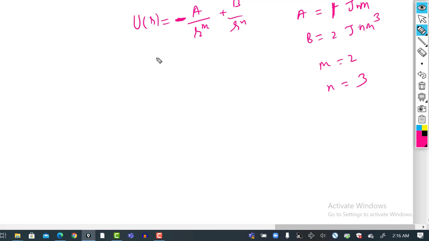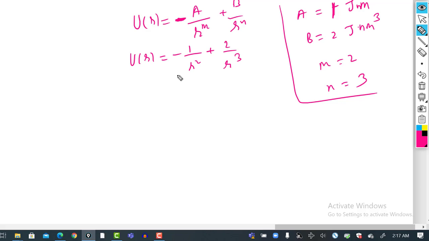Okay, now if you put it here, U of r becomes minus a, which is 1, by r to the power m, r square, plus b, which is 2, so 2 by r to the power 3.